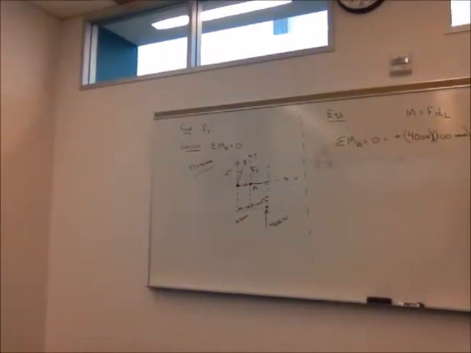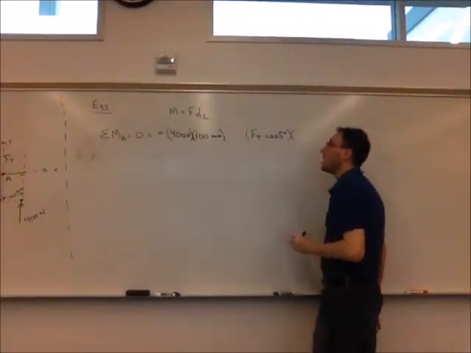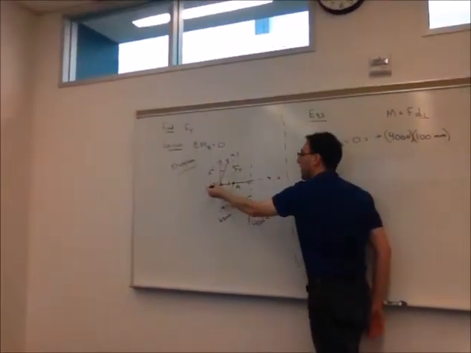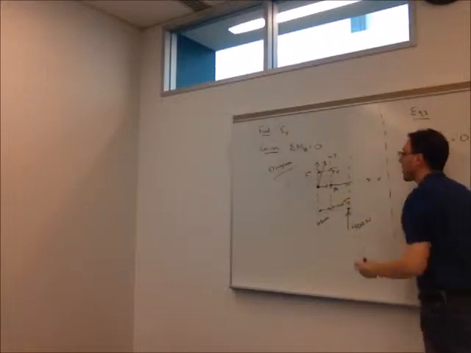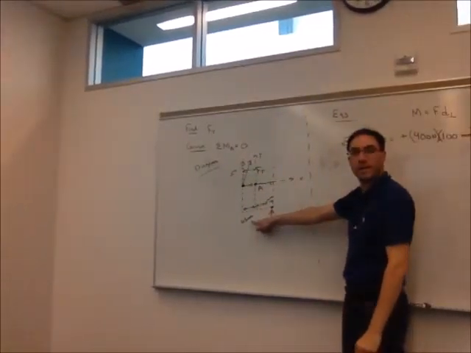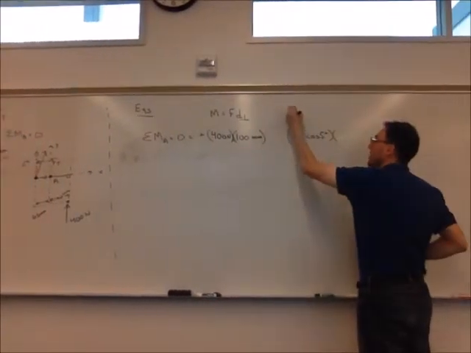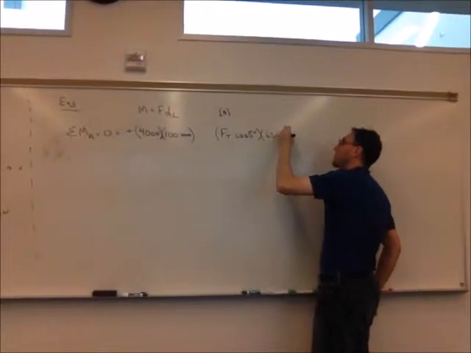So that's going to be Ft cosine 5 degrees. And then we want to look at the perpendicular distance between the vertical component and A. It's going to be this distance here, which we already know is 65 millimeters. So this is going to be measured in newtons times 65 millimeters.